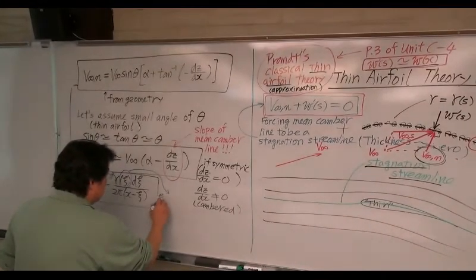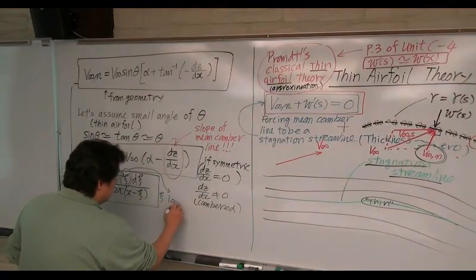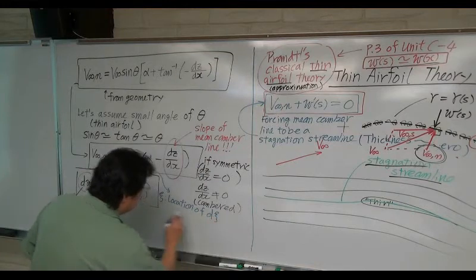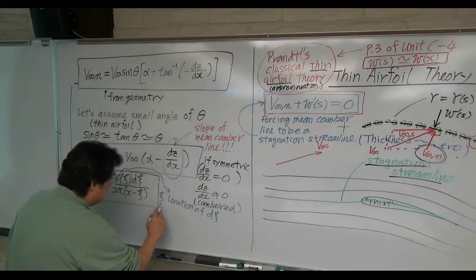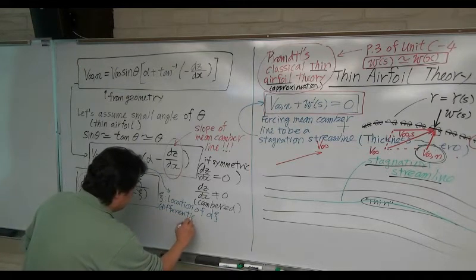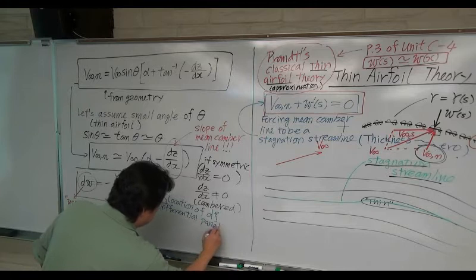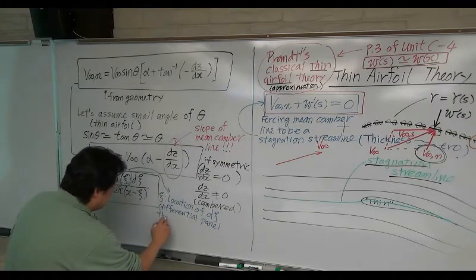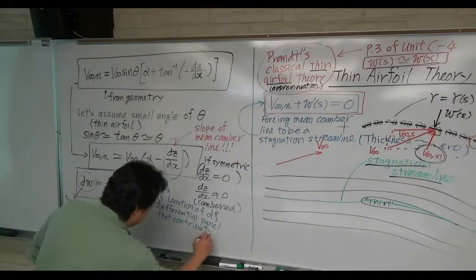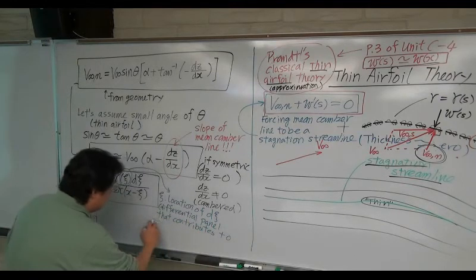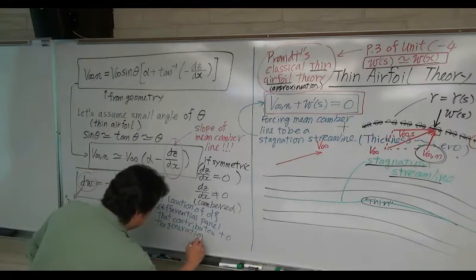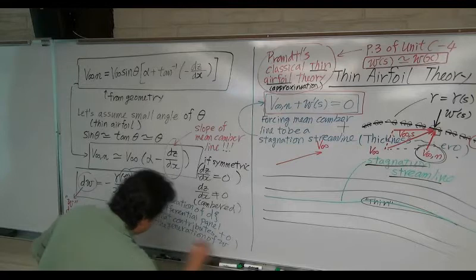This is ξ, the location of dξ, the differential panel that contributes to the generation of downwash w.